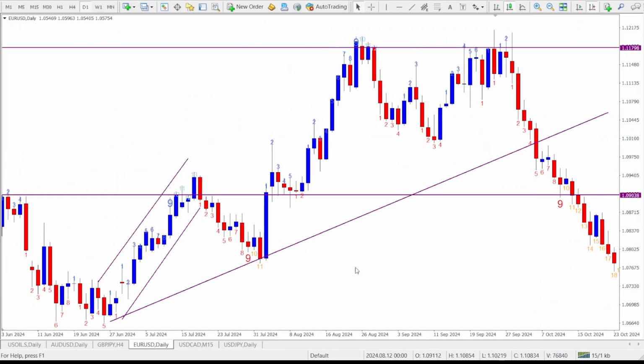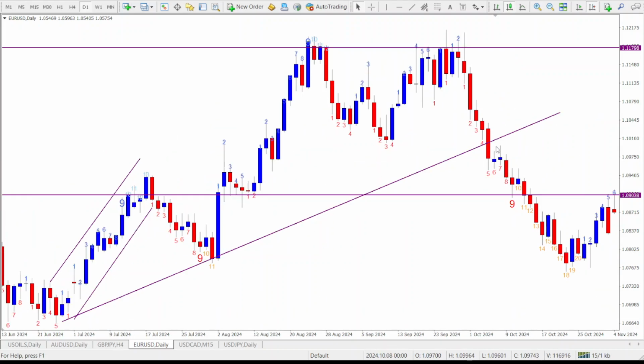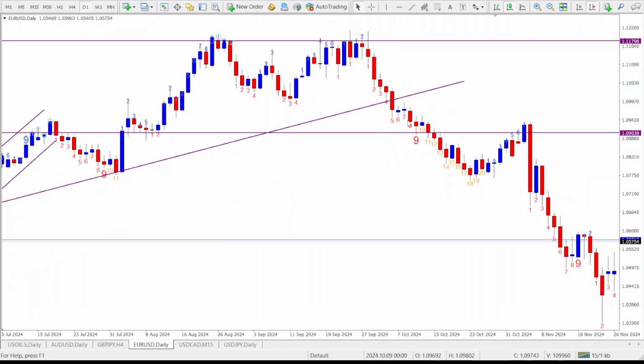For example, this trend line was serving as a dynamic support level until it was broken. Right after the trend line was broken, you can see that we had a retest around here. Right after that retest, you can see that the price continued in the downward direction. So this would have been a great place to enter a sell.